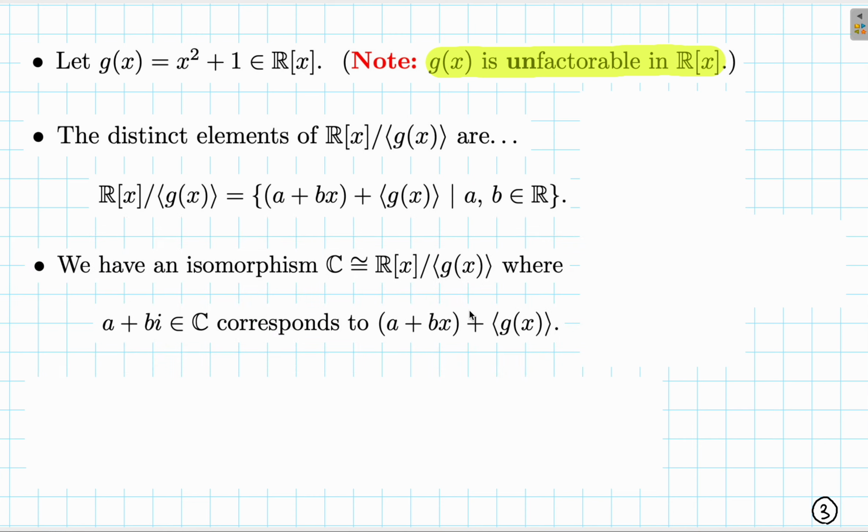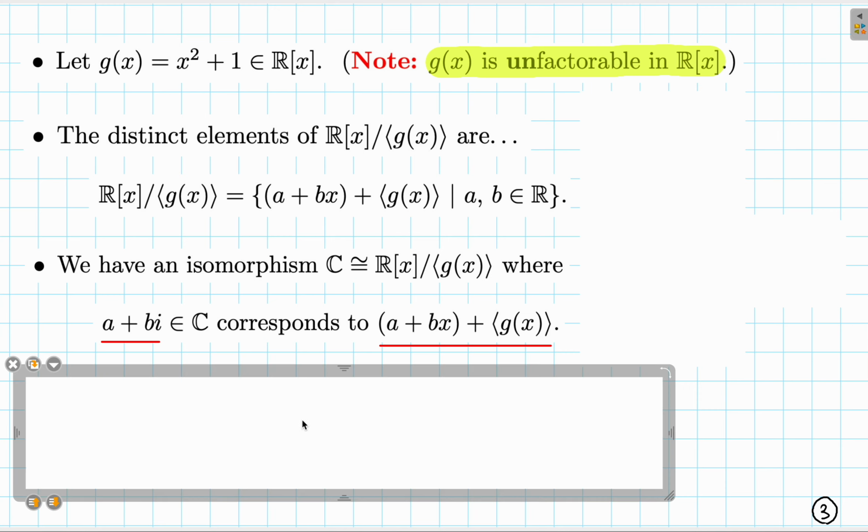We then found an isomorphism between the complex numbers C and our quotient ring, where the complex number a + bi corresponds to the coset a + bx + ⟨g(x)⟩. And here the key observation is that as coset representatives, x² can be replaced by −1, just like the complex number i² can be replaced by −1. That observation led to the isomorphism between C and our quotient ring.